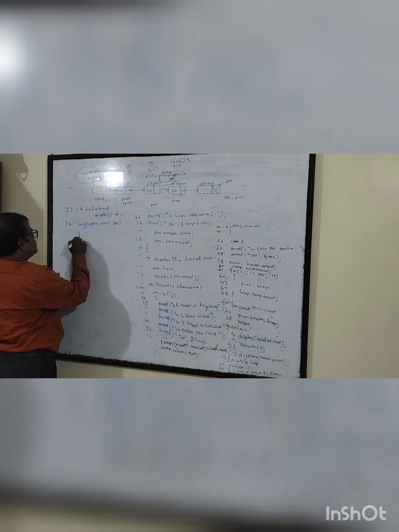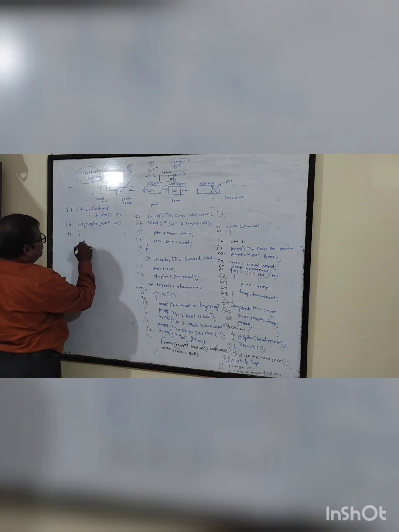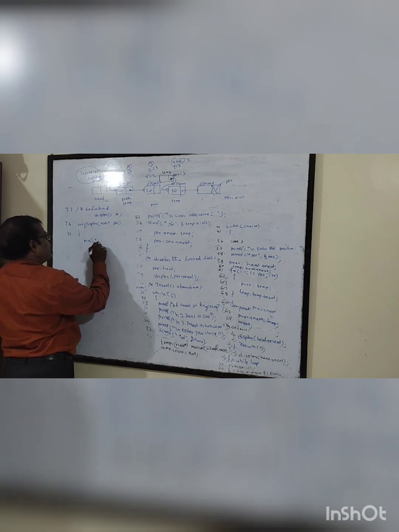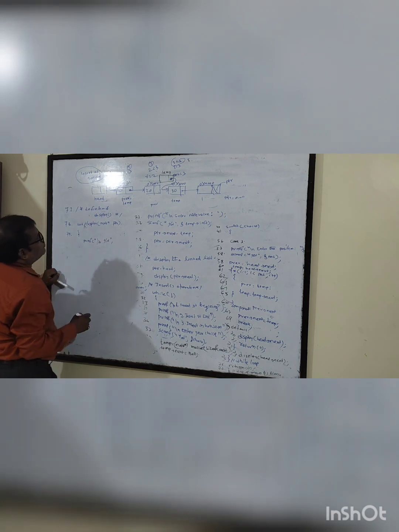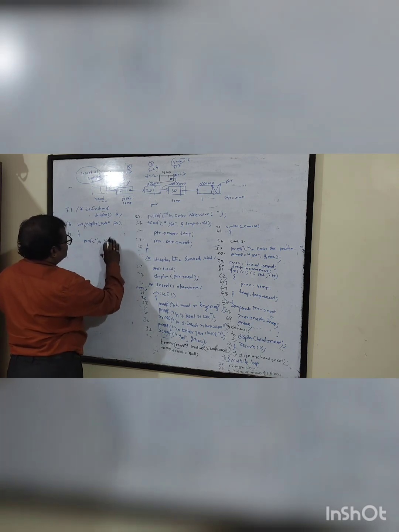and open curly brace, line number 79, right here printf percent d, or you can write within this tab, slash t, percent d, double quote, and you write here ptr of info.